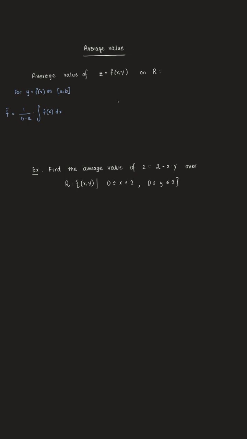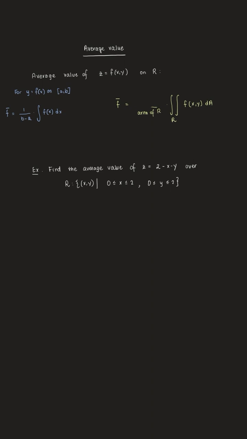So we're going to define the average value of a function as 1 over the area of our region R times the double integral over the region of our surface. So there's our definition for average value. We're basically adding everything up and dividing by the independent variable, in this case by the area of R.